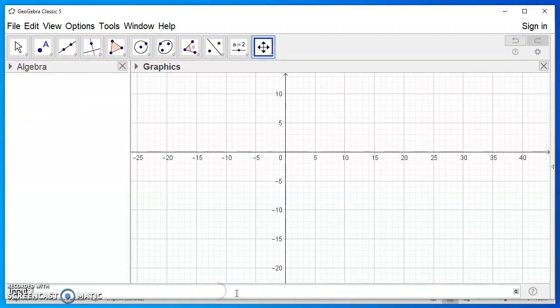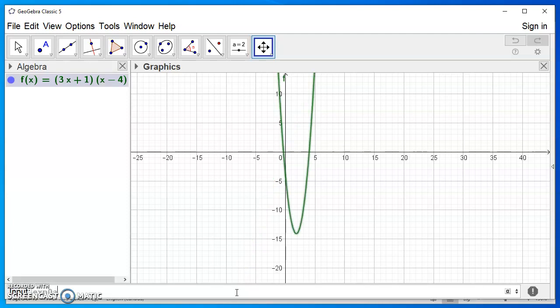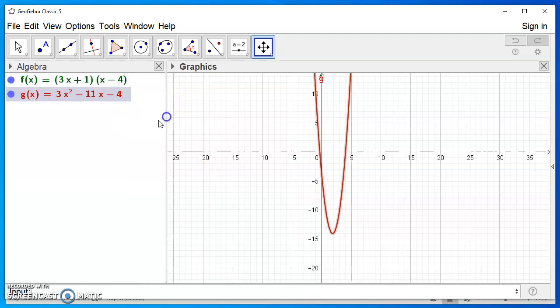What is it about 3x plus 1 and x minus 4, for example, versus the expanded version that's useful? Obviously these are equivalent, right? They're the same thing, but why is it useful to write it as two brackets multiplying instead of one equation?